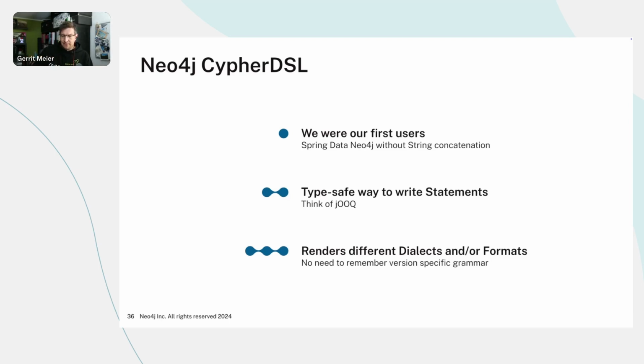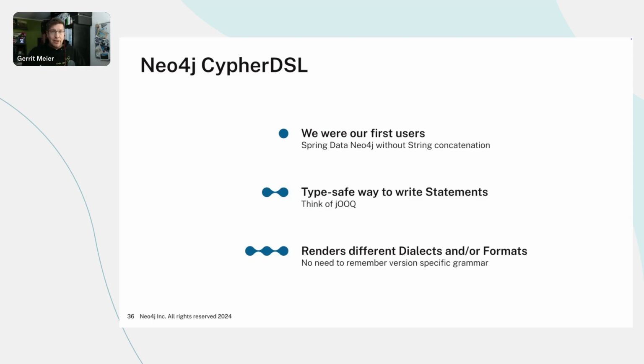But the benefit of abstracting this pure string that we want to express into a DSL does not only help to write those statements, but it does also help to provide something that we also call, like, for example, in JPA or Hibernate, dialects. So if you're an experienced Neo4j user for a long time, you might already know that we from time to time change some functions, not even names, but more or less the functionality. And with this abstraction, we get the chance to throw in dialects. So how do you translate this abstract syntax tree to a Cypher query string?